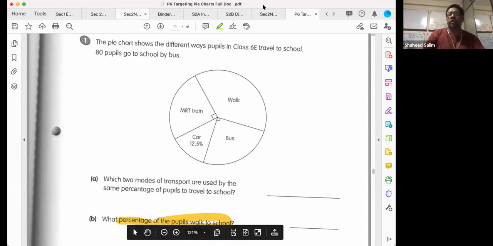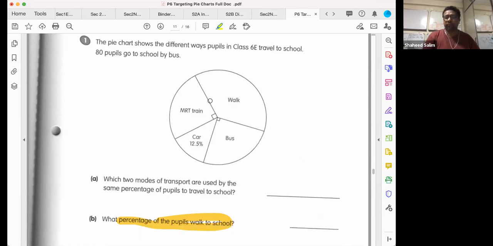Ilhan, congratulations. Now, first of all, you got to be very clear that the whole thing is 100%. We are talking 100%. So this one, how many percent? You can find out: 90 degrees over 360 degrees times 100. This is 90 degrees. The total is 360.